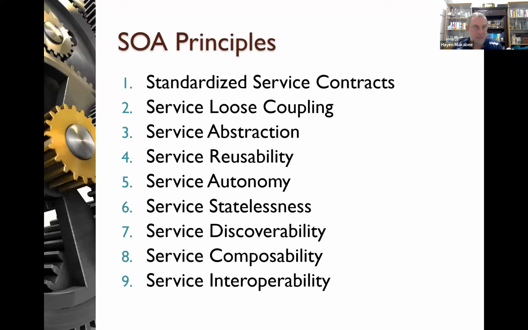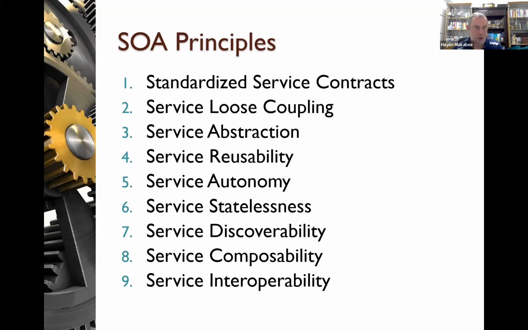I will just say the names of the principles, and then later you need to read the explanations. Principle number 1 is to have standard contracts. Each service has a standard contract. Principle number 2, loose coupling. We talked about that before, that the coupling should be low. Principle 3, abstraction. The interface must be abstract. Principle number 4, reusability. We want the services to be reusable.